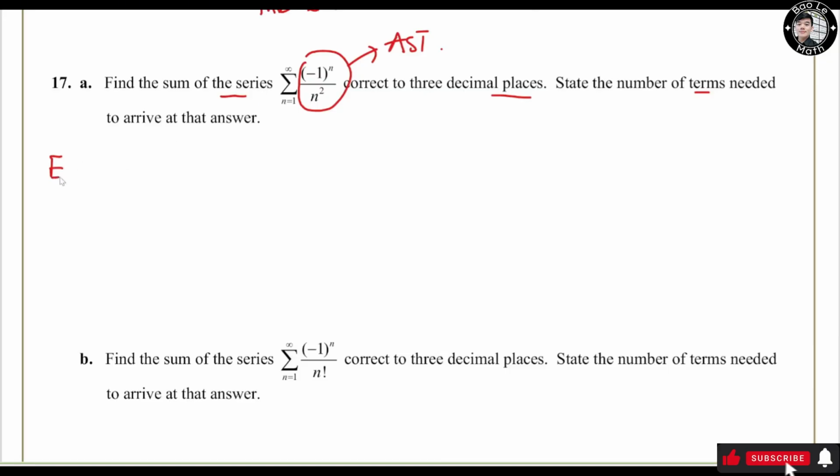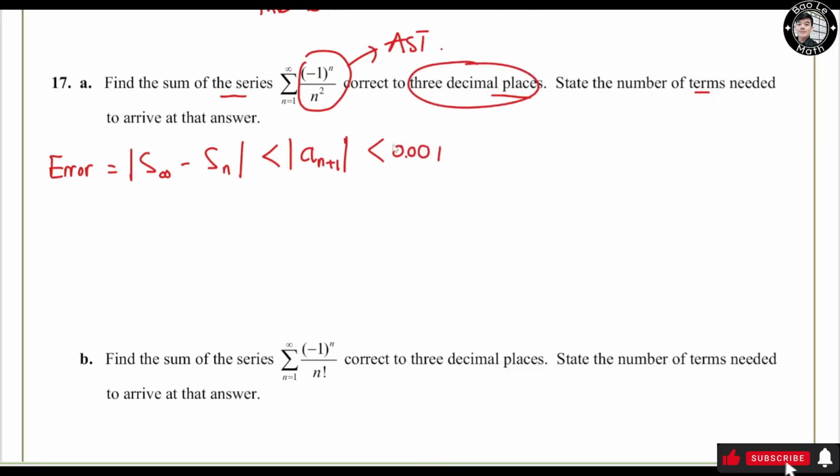So we have error equals the absolute value of s sub infinity minus the partial sum. This must be less than the first omitted term, which means a sub n plus 1, and this must be less than 0.001, 3 decimal places.